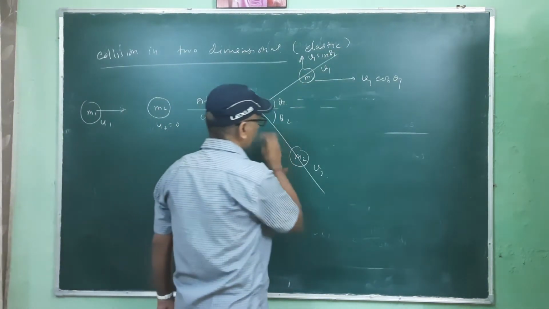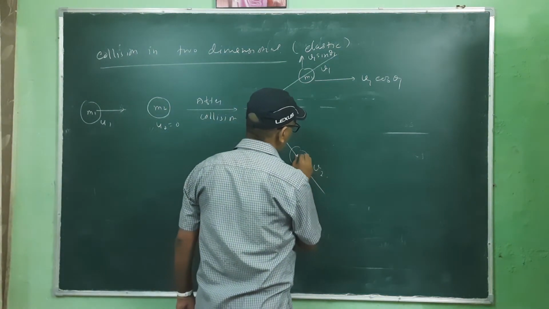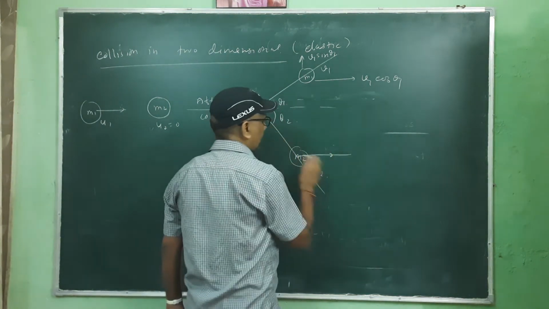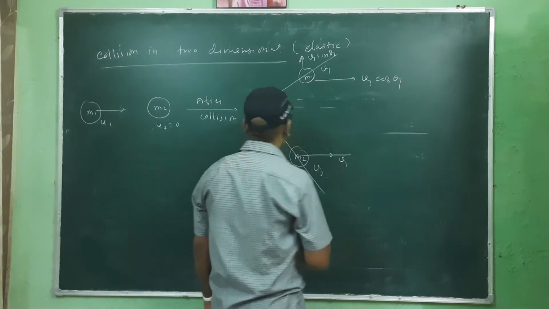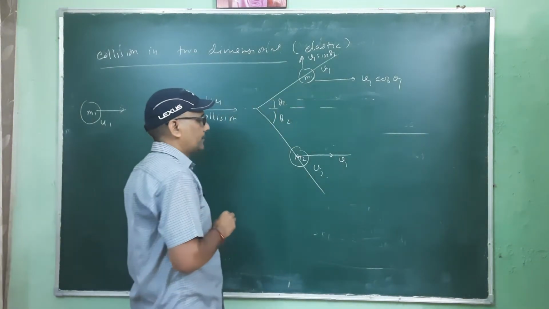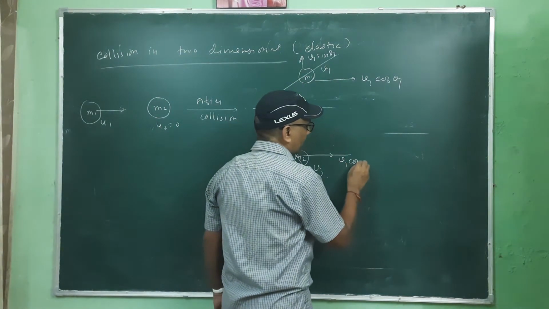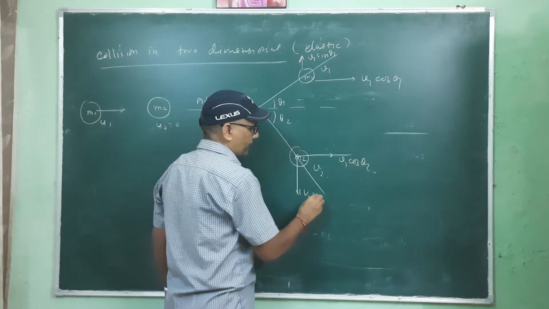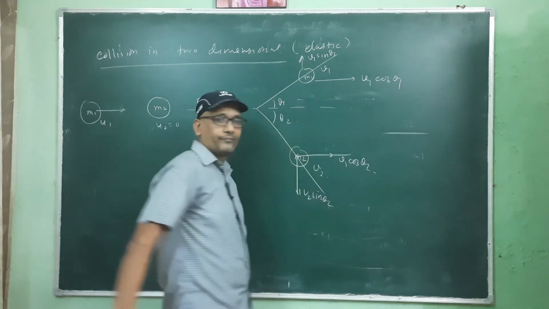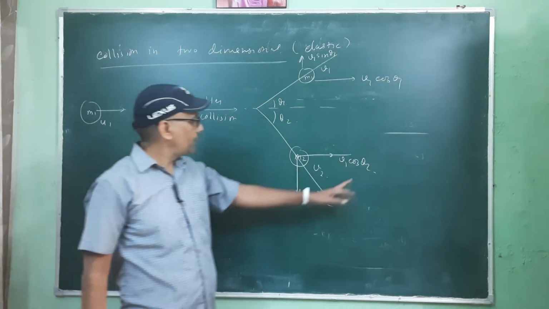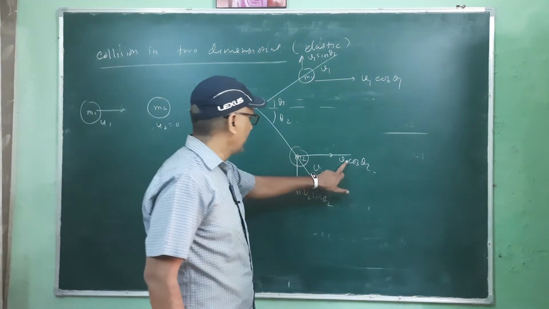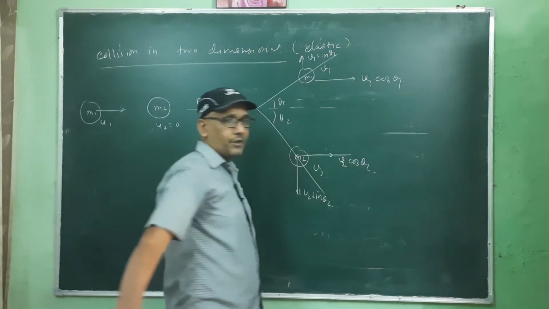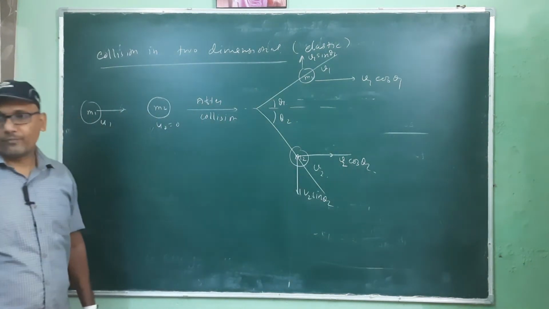And here also this is theta 2, so along this direction it is v2 cos theta 2, and in this direction that is v2 sin theta 2.